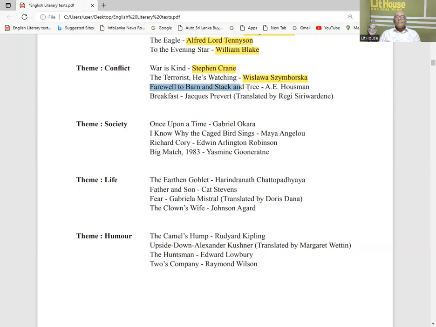Farewell to Barn and Stack and Tree. Poet A. E. Housman. Breakfast.